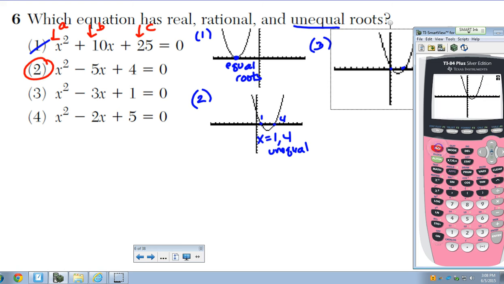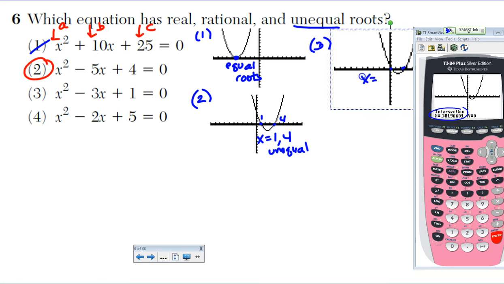That must mean it's a decimal. So I'm going to check the intersection by doing second trace, number 5, for intersection. On the Inspire, you hit menu, analyze graph, and intersection. Then I get my cursor close to one of the answers and press enter, enter, enter. Oh, I apologize, wrong one. Number 5. That's better. First curve, enter. Second curve, enter. And guess, enter. This right here is one of my answers, but it keeps on going.